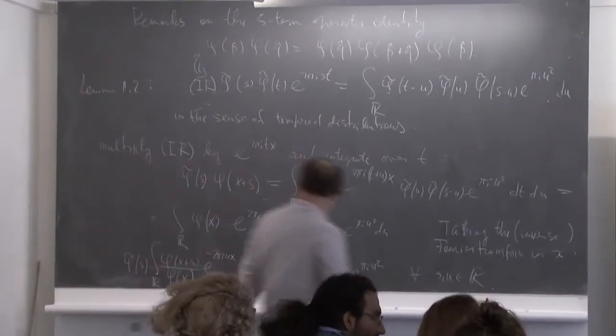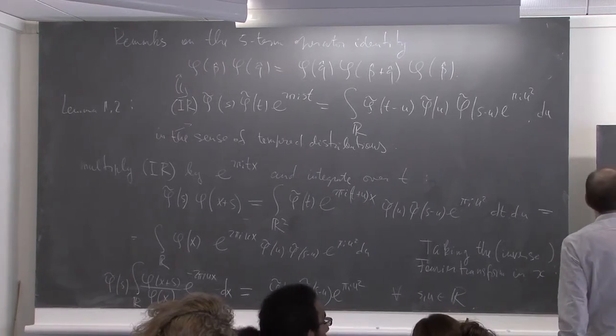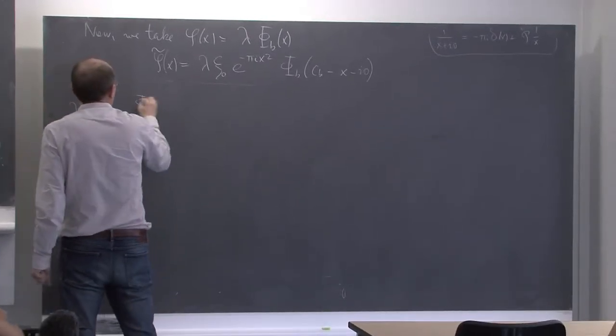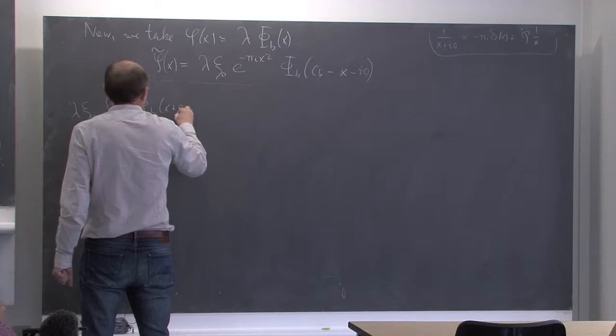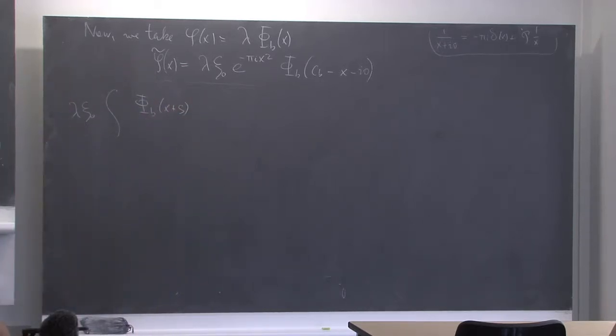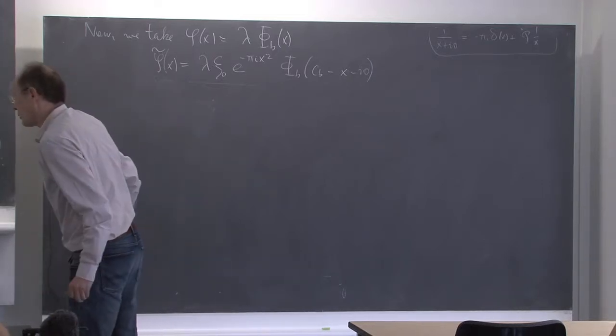Okay, now we substitute all that. So we get lambda zeta 0, integral phi b of x plus s. Okay, so let me first... Sorry.